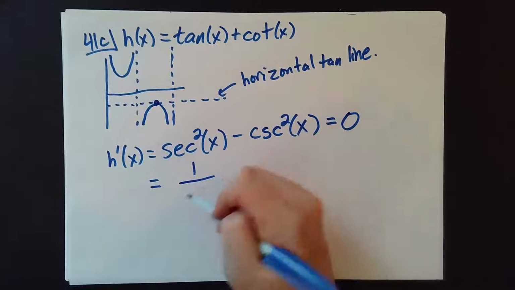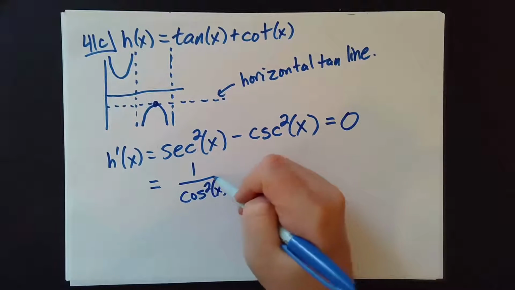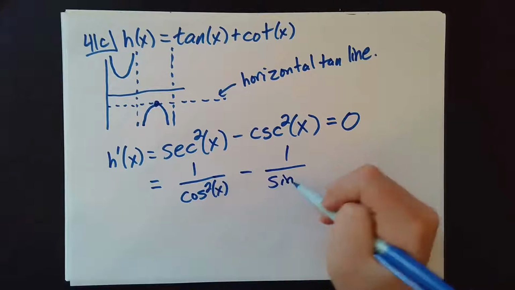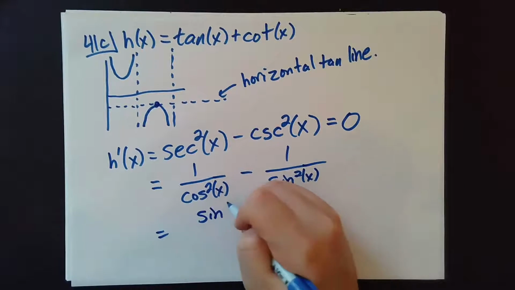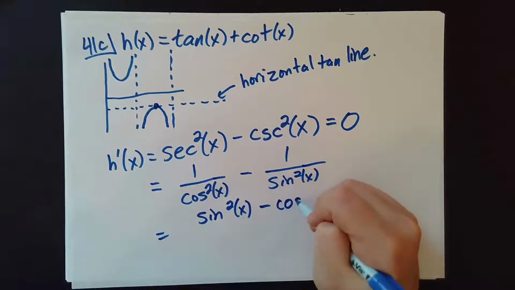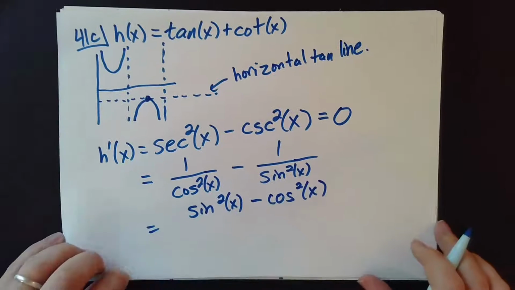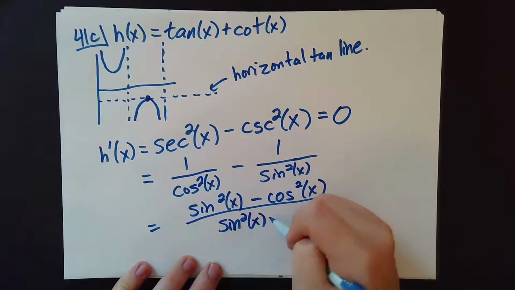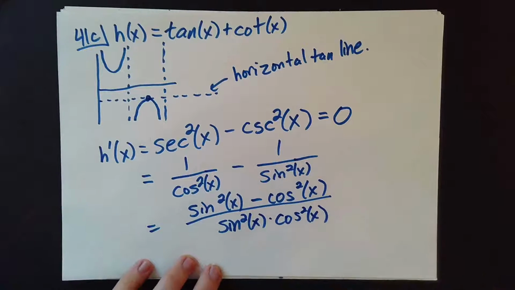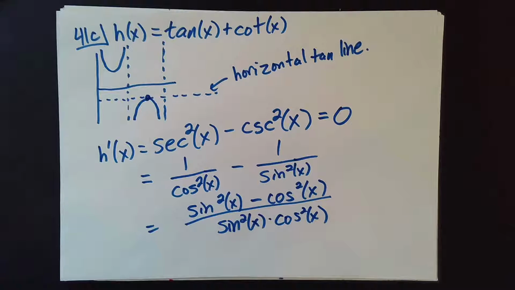Okay, so this is 1 over cosine squared of x minus 1 over sine squared of x. So this is sine squared of x minus cosine squared of x divided by sine squared of x times cosine squared of x. Now, I want to know when this is 0.